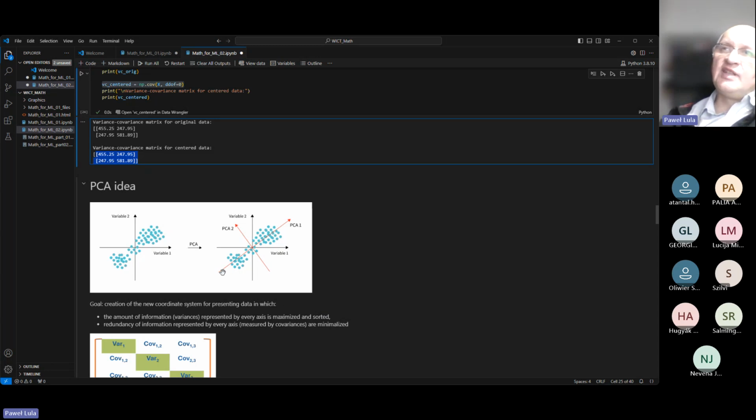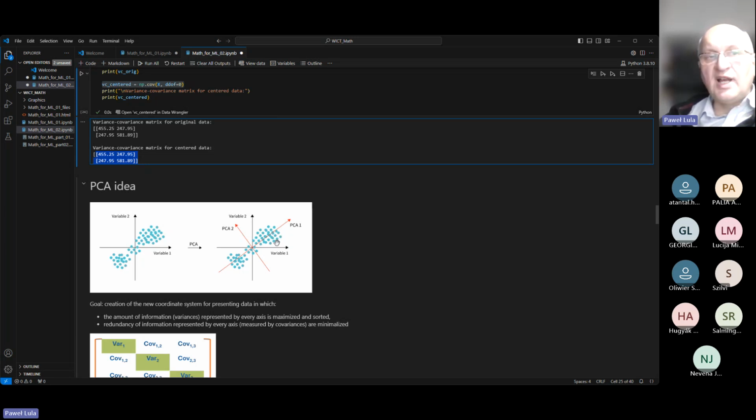It means that I'm going to find the position for the first axis of the new coordinate system in such a way that the variance calculated using the coordinates of these points on this axis will be the biggest one.